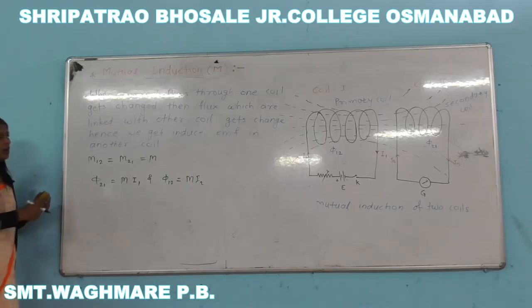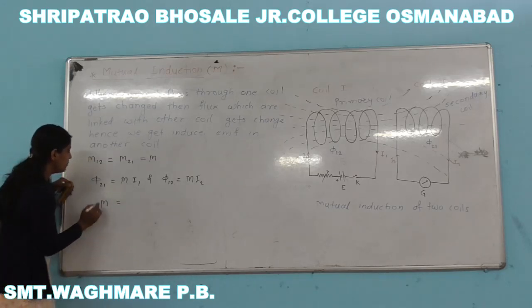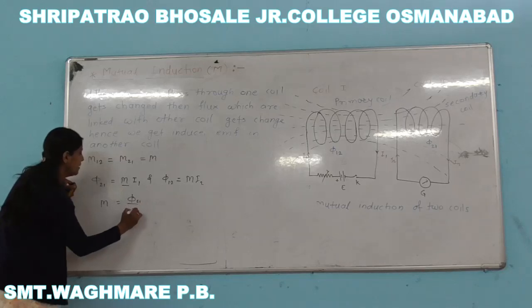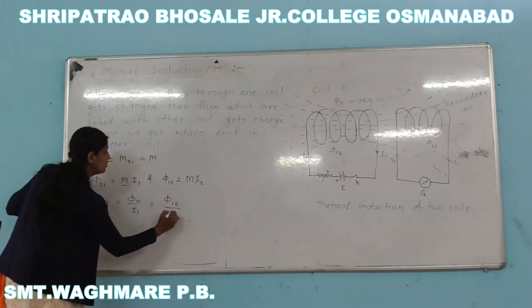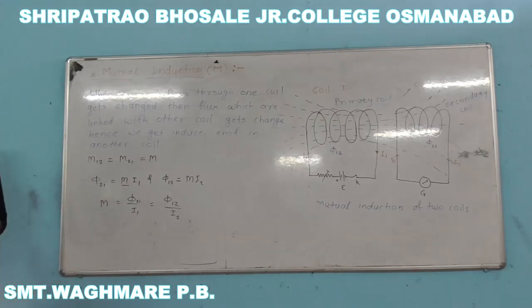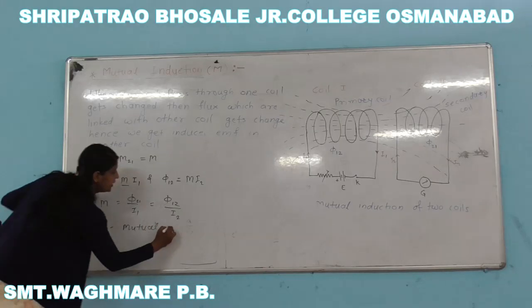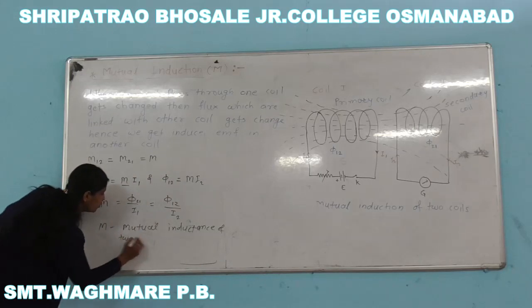Therefore, this M is the same for both cases, so we can write M is equal to Phi21 upon I1 is equal to Phi12 upon I2. This M is called the mutual inductance of two coils.